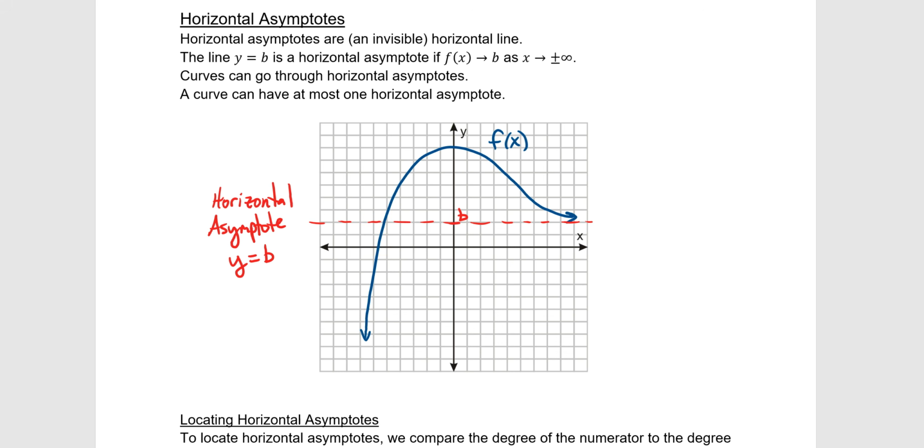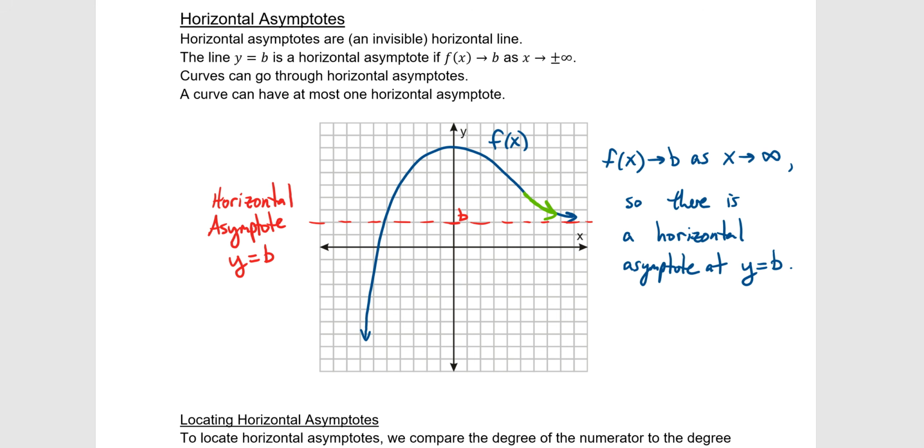And notice that as the function gets more to the right, which in this case means as x goes to infinity, the function seems to be flattening out right at y equals b. So we would say f of x approaches b as x goes to infinity, that means there's a horizontal asymptote at y equals b.